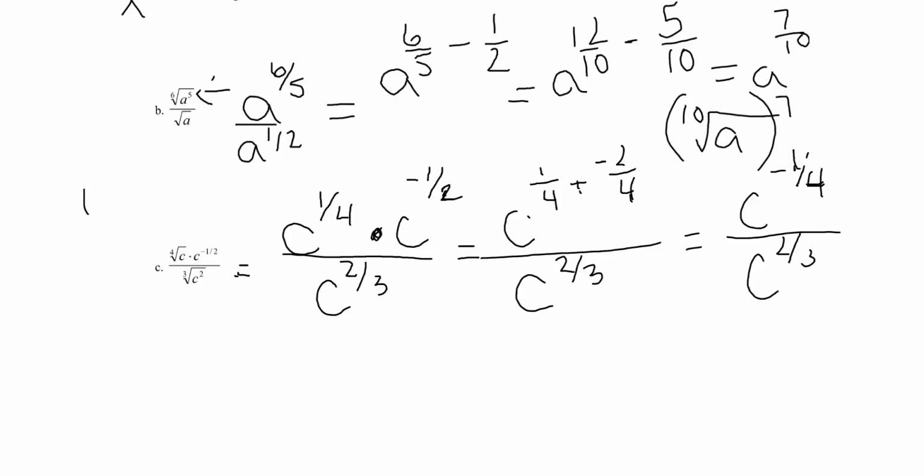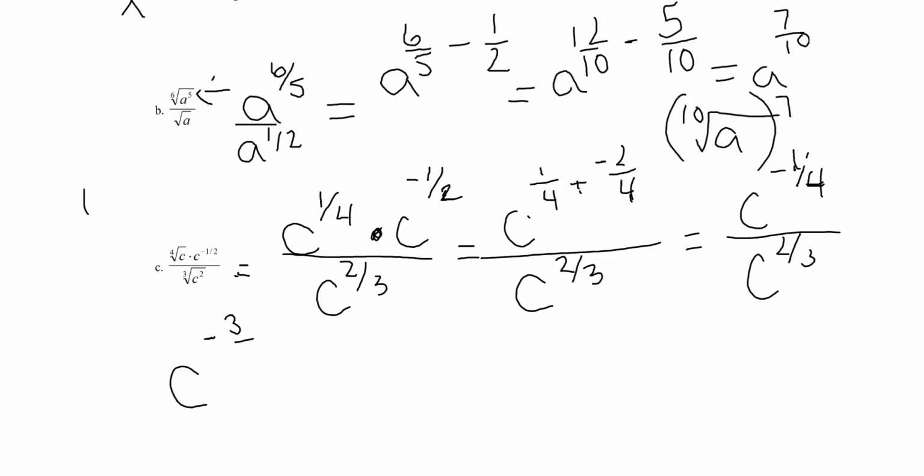Now, here we have division with powers. So again, we're going to subtract our powers. So I'm going to do C, and I'm going to use 12 as my common denominator. So I'm going to have negative 3/12, because 4 times 3 is 12, so I'll do 1 times 3.